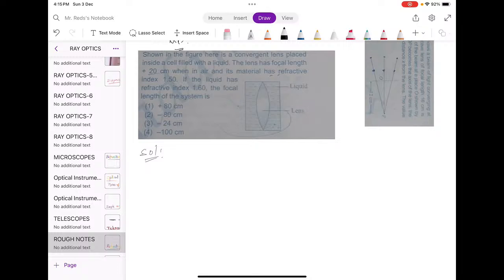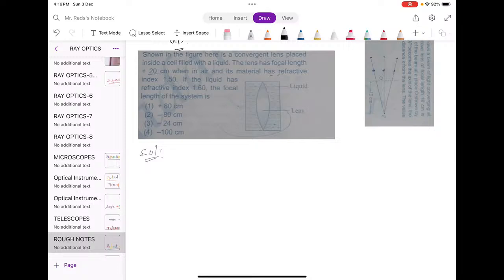Right, so here the question is shown in the figure. Here is a convergent lens placed inside a cell filled with a liquid.